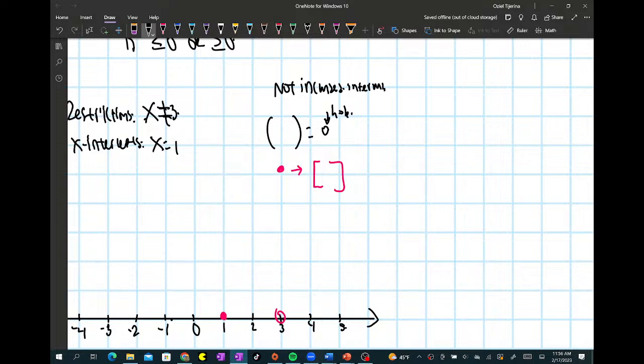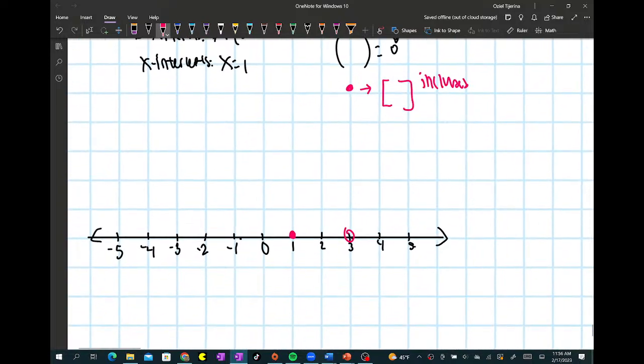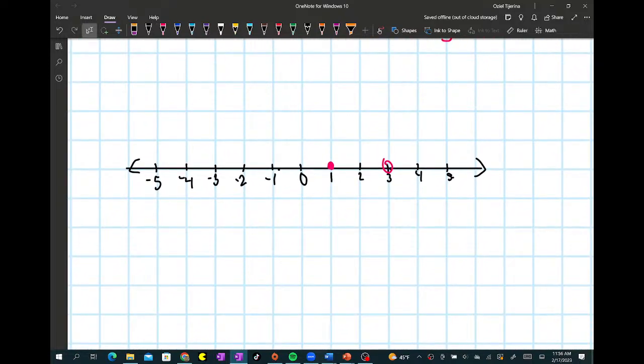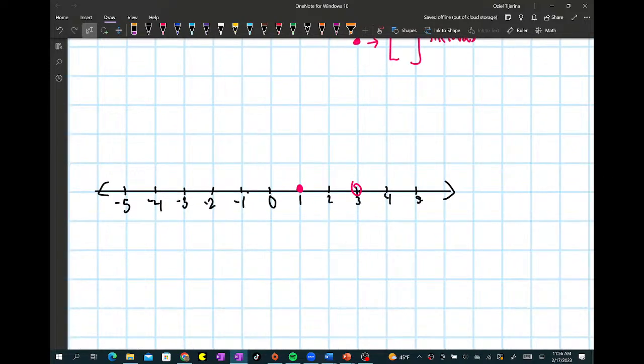So this is not included in the interval and this is included, obviously. And again, guys, I'm going over this because this is mostly for terminology reasons. In the original problems, I do not go over this because it would take forever.